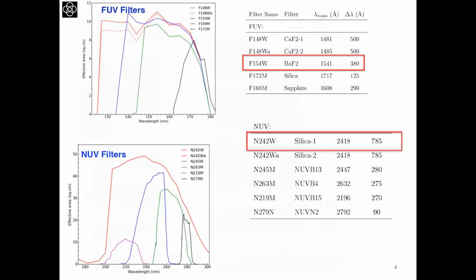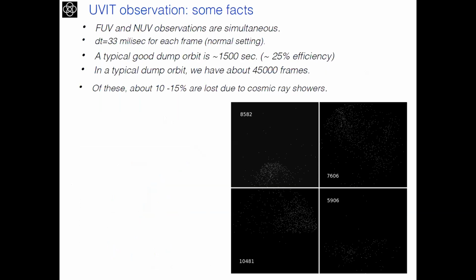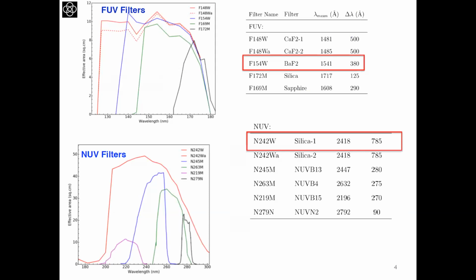This is similar to Galex, but we have 5 filters in each of the far ultraviolet and the near ultraviolet telescopes. And what I used are these 2 filters for observing the 2 fields that I just showed.